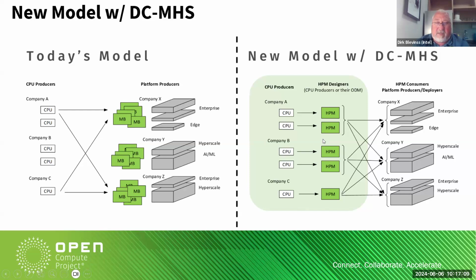The intent of what we're trying to say on the right-hand side is that wouldn't it be great if we had some common building blocks, Lego blocks, for lack of a better term, because I love Legos. But with that said, you could use the same Lego blocks and still be able to build differentiated solutions, satisfying these different opportunities.